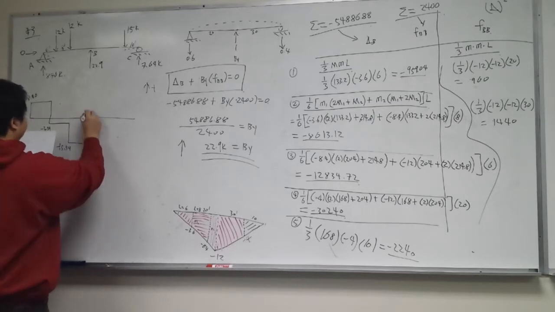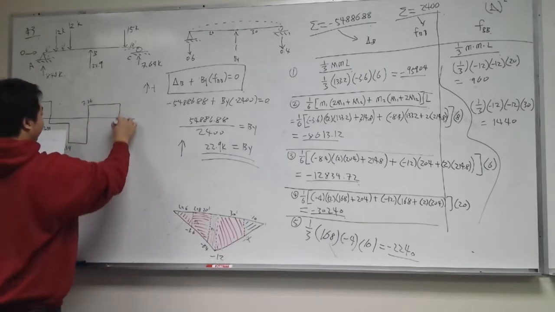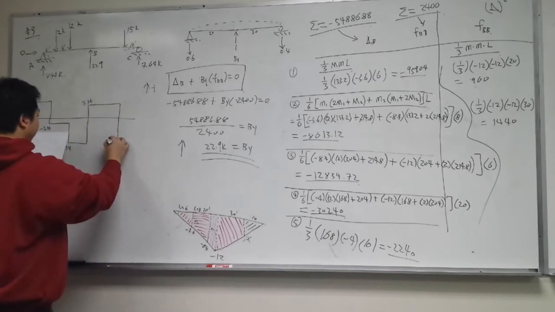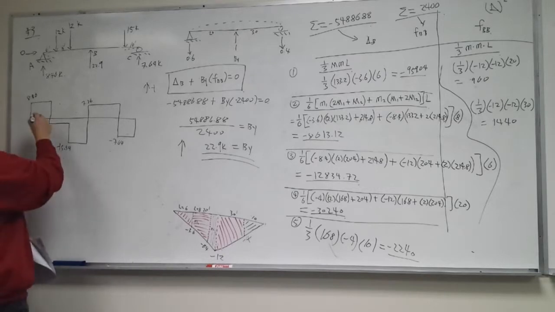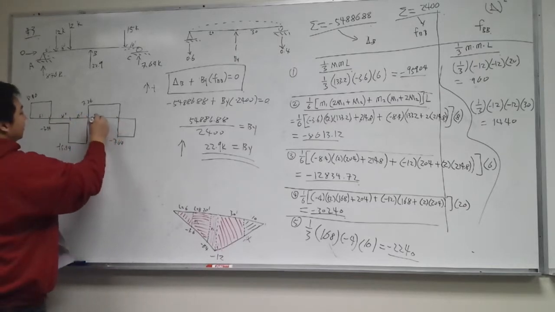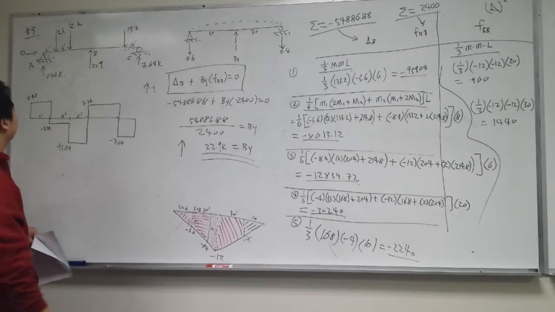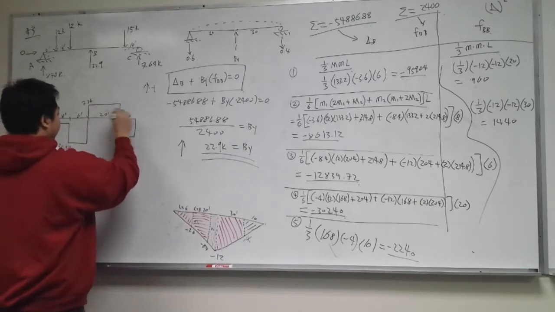Bring it up to 7.36. Bring it down, so negative 7.64. That's 0. Here's 6, 8, 6, 20, 10.